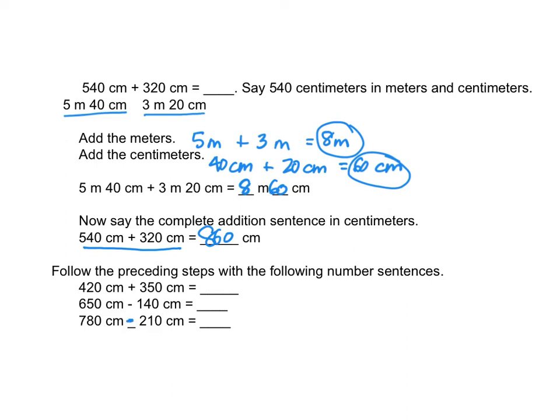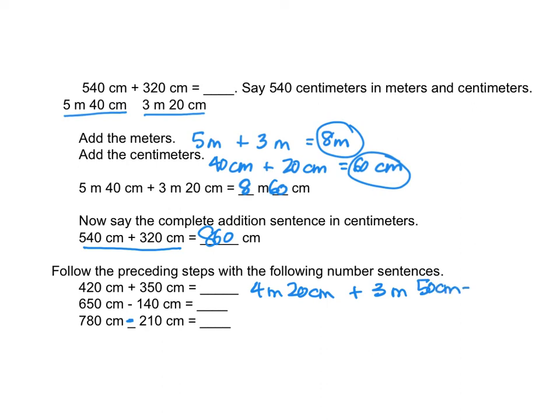All right, we're going to do that same thing with the following number sentences. And I can see that I have another typo there. But we're going to start with 420 centimeters plus 350 centimeters. Let's say that now, breaking it apart into meters and centimeters. So what we should be saying is 4 meters, 20 centimeters, plus 3 meters, 50 centimeters.